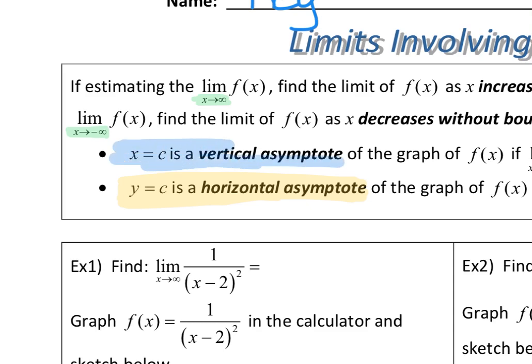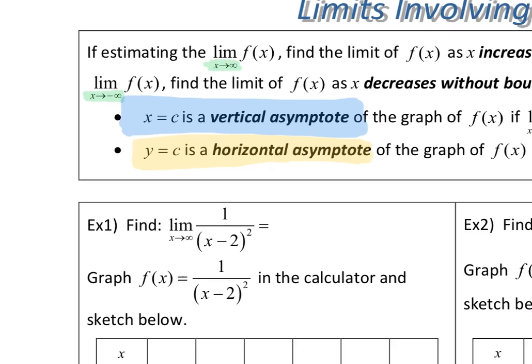So there's two different situations, and it has to do with both how the question is asked, meaning what x values am I asking you to go to, and how the limit is answered. Remember that the limit represents a y value, and one of those two things is going to be infinity, and that'll let you know that it's either a horizontal or vertical asymptote.